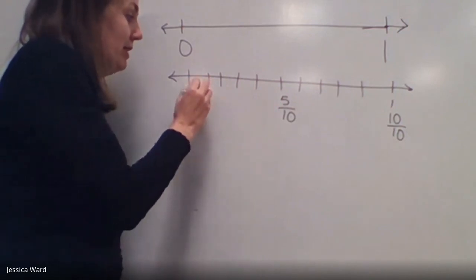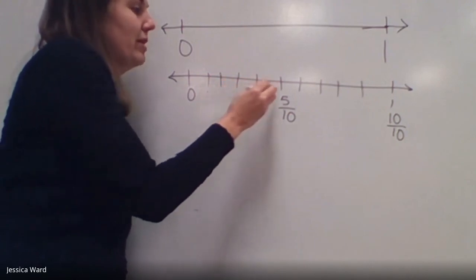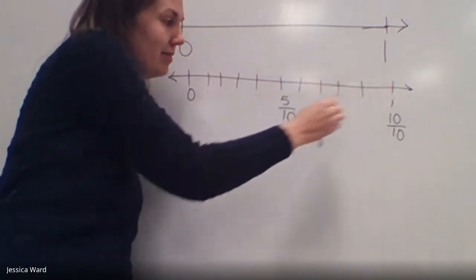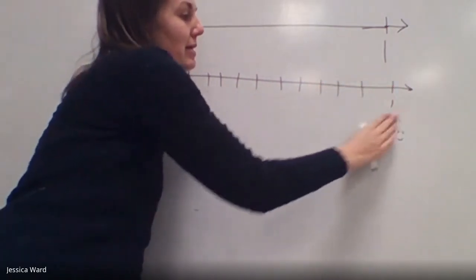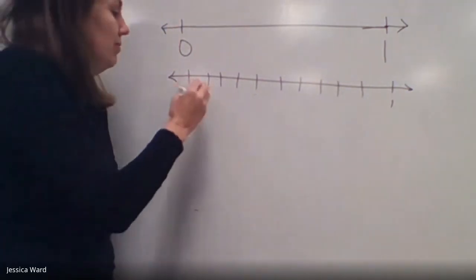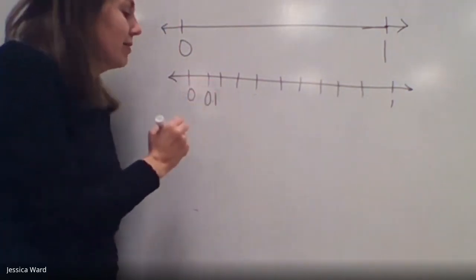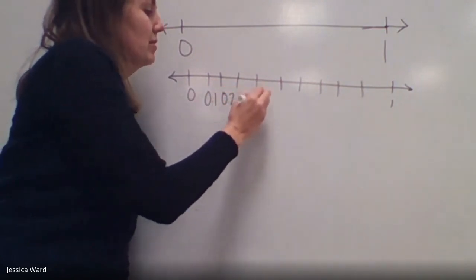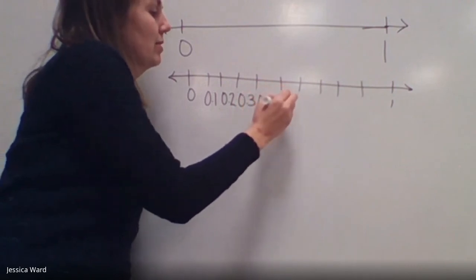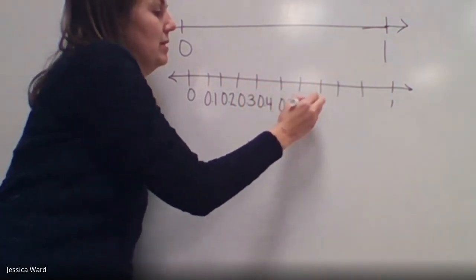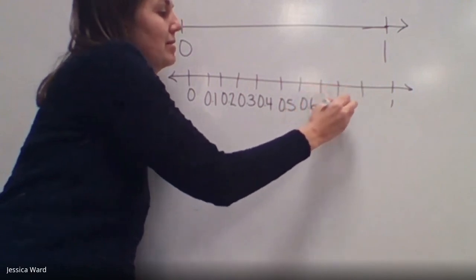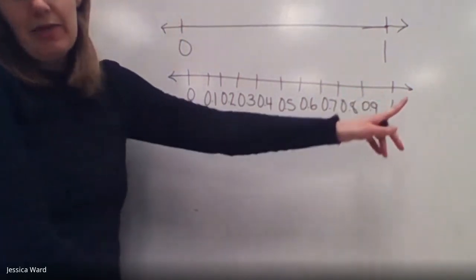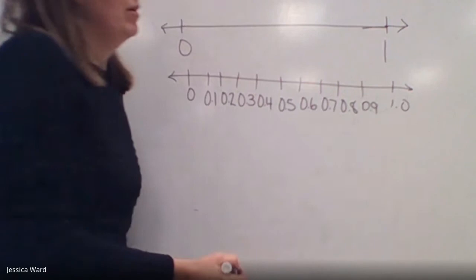Then I would have 1/10, 2/10, 3/10, 4/10, 5/10, 6/10, 7/10, 8/10, 9/10, and 10/10. But if we're going to write it as a decimal, we're going to fill it in with 1/10, 2/10, 3/10, 4/10, 5/10, 6/10, 7/10, 8/10, 9/10, and then we have 10/10, so we could also write it like that.